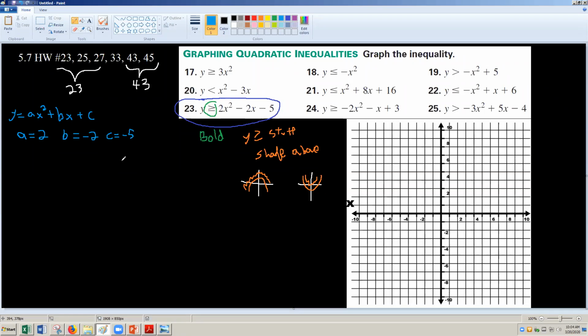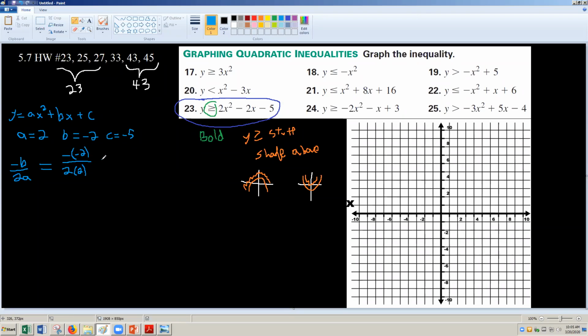If I wanted to complete the square and put this into vertex form, I absolutely could, but I don't need to. If I wanted to graph something from standard form, what I would do is take -b divided by 2a. And the reason I'm doing that is it gives me the x coordinate for my vertex. So in this problem, it's going to be the negative of -2, all divided by 2 times 2.